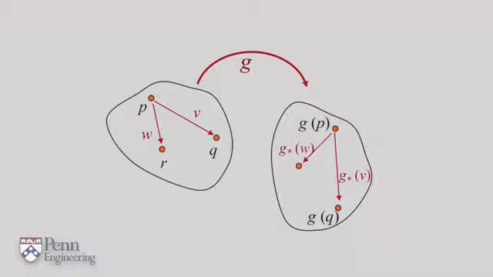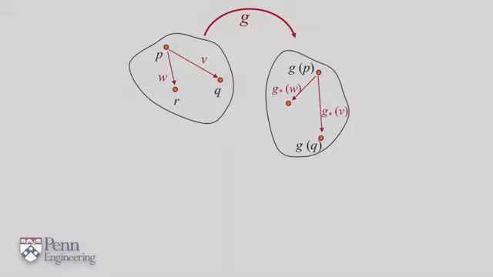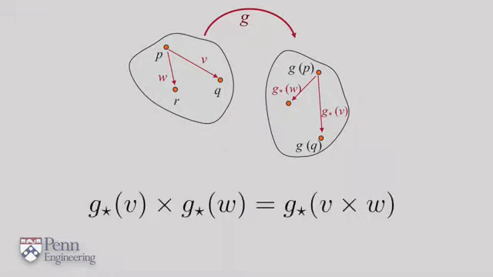Well, G star acts on W to generate a new vector, G star of W. Now we can look at the cross product of V and W and ask what happens to that cross product.